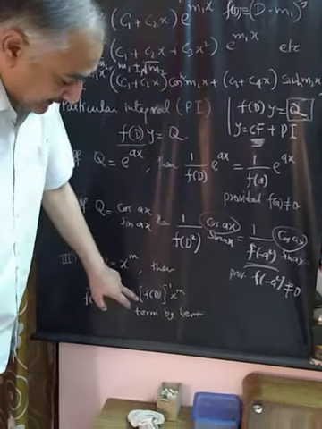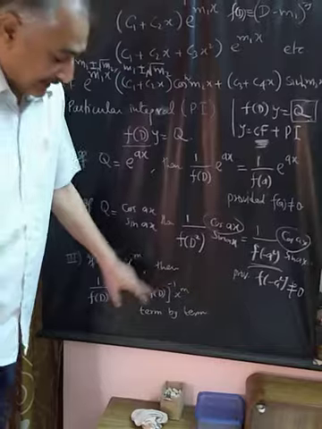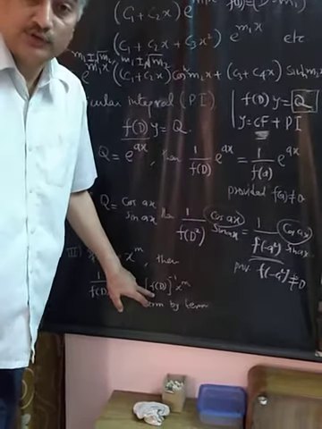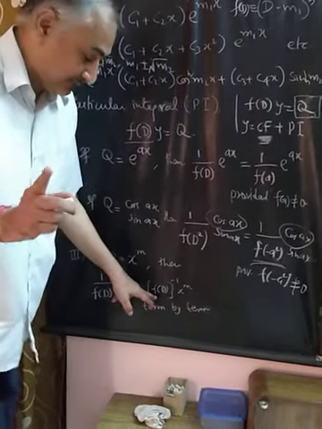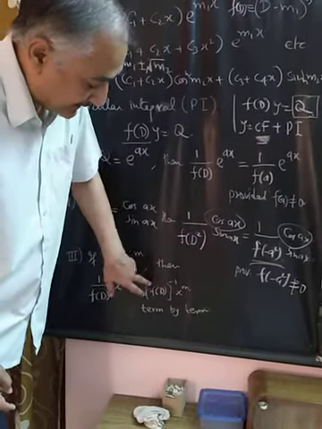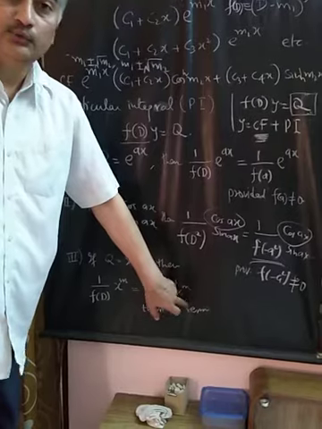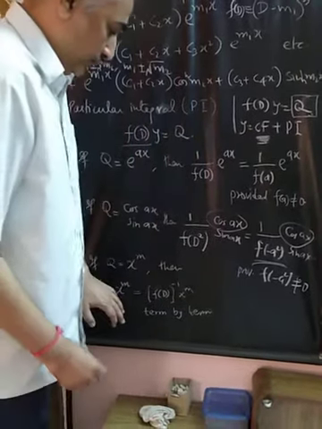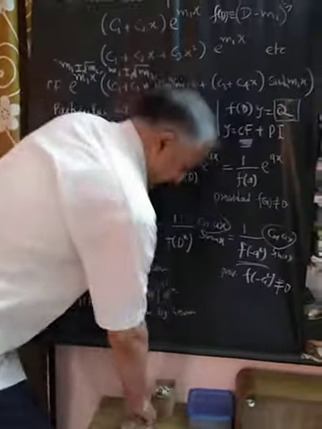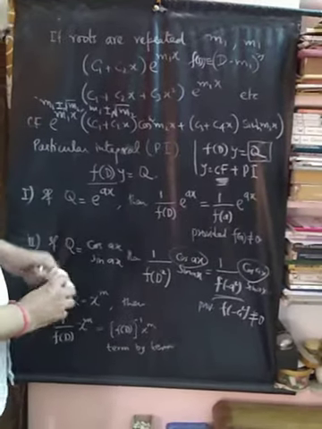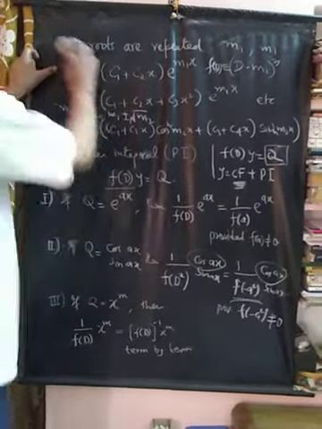We will somehow write this f(D) inverse, expand this in powers of D using binomial, I'll give an example, and then apply each D on x^n till this starts giving you zeros. So let me do one example of each of these.